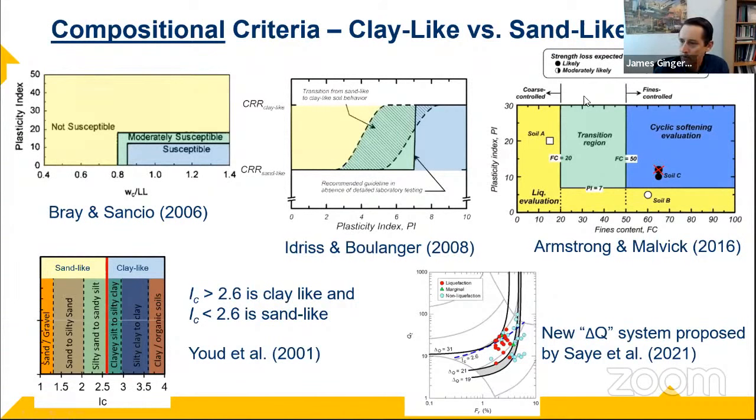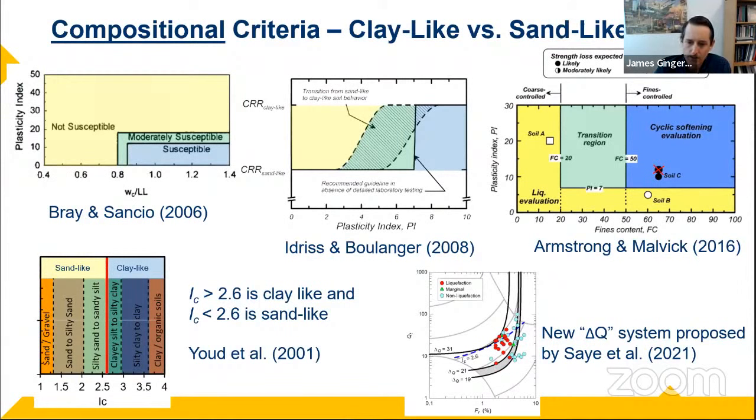Armstrong and Malvick did a nice literature review and brought in the concept of the fines content, and whether the fines are enough so that the fine matrix is controlling, even if there is sand, regardless of the PI. And then for CPT liquefaction analyses, we use a common cutoff of I sub C of 2.6, where if you're greater than 2.6, it's typically clay-like, and less than 2.6 is sand-like.